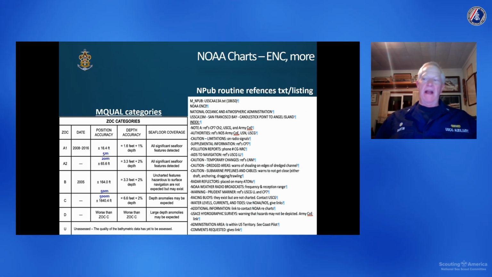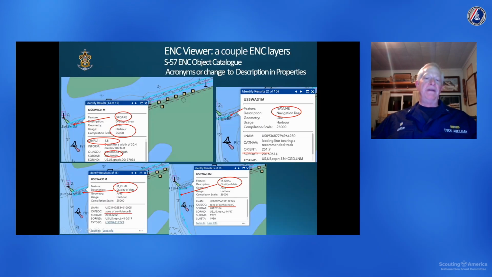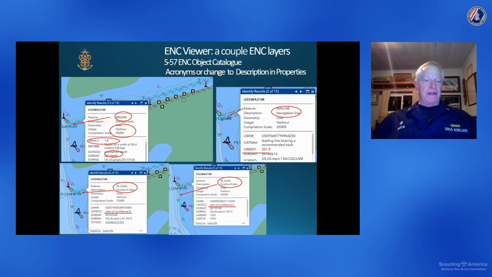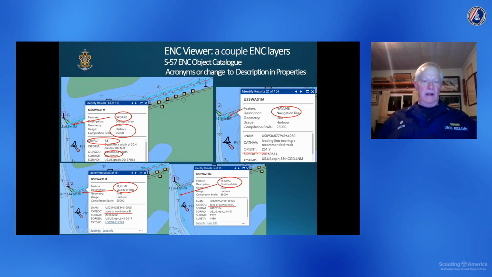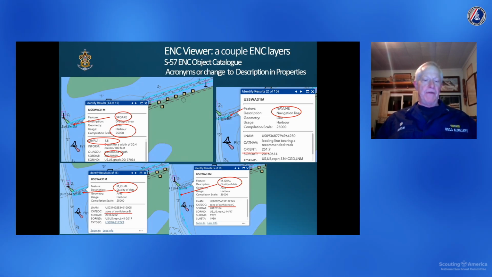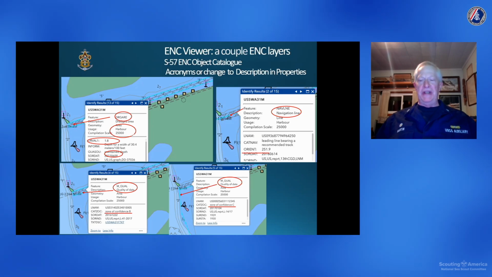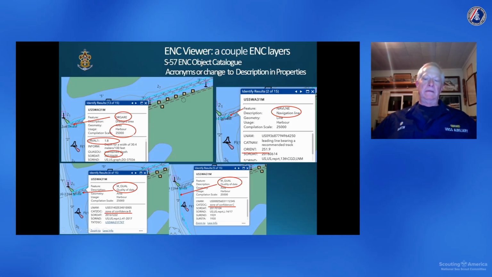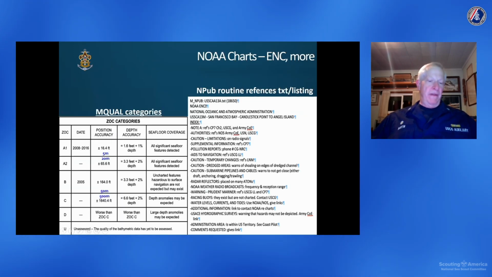When you look at that previous slide, on the two bottom insets, you'll see zone confidence B, zone confidence C. Well, that means that 2005, the depth, it's accurate, 2%.